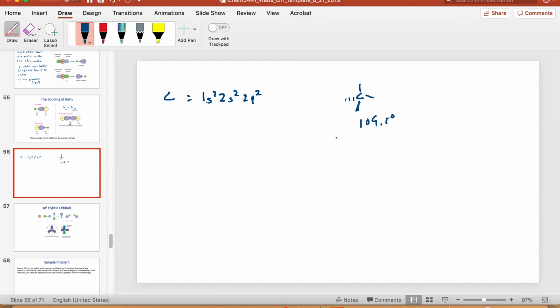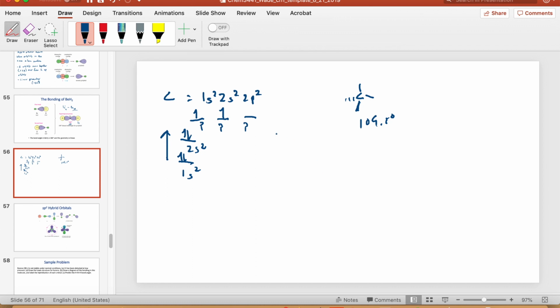So I have an issue because if I look at this with all of my different electrons and energy levels, 1s2, 2s2, and then up here are my p orbitals. Both of these are full, and then one here. Well, right now, that's not a very conducive way to make a bond.